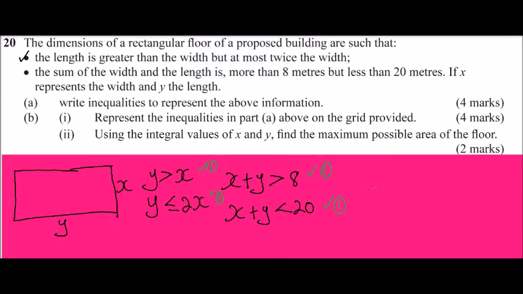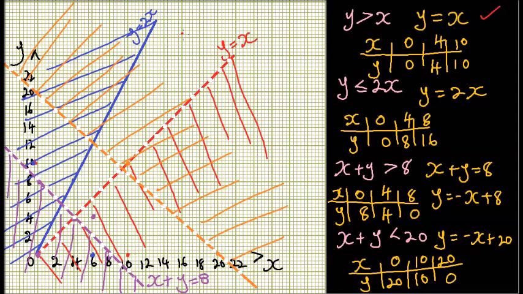So for us to get the maximum area of the floor, we need to go back to our grid and check the region to be able to find the maximum possible area of the floor. We already have a condition here that y is greater than x, because y is a length.